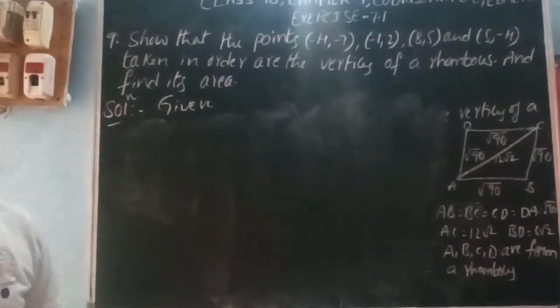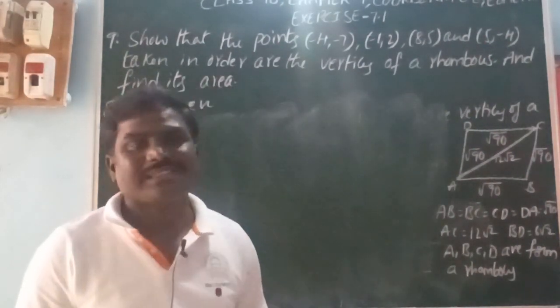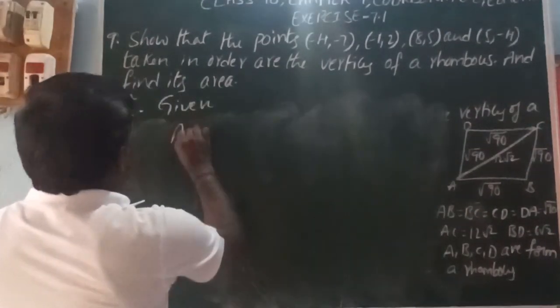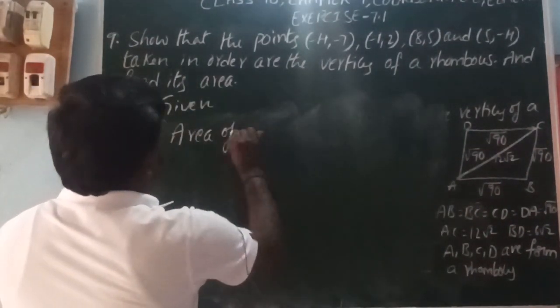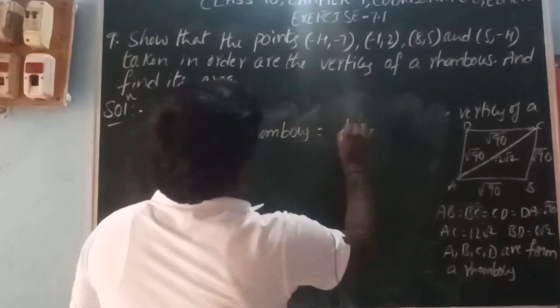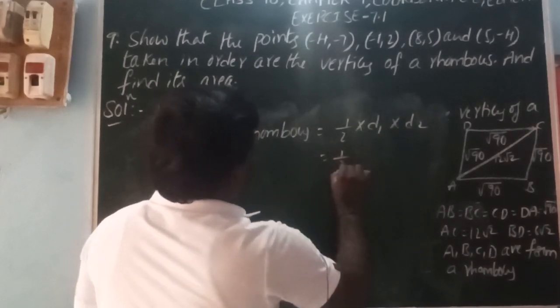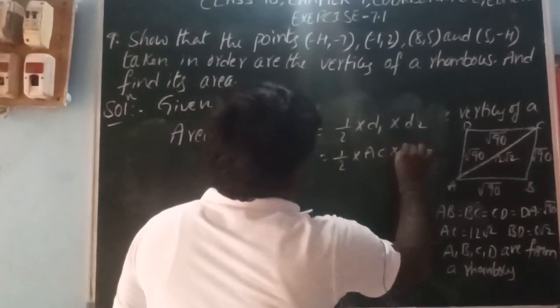Area of a rhombus is half into d1 into d2, where d1 is the first diagonal and d2 is the second diagonal. So half into d1 AC, d2 BD.